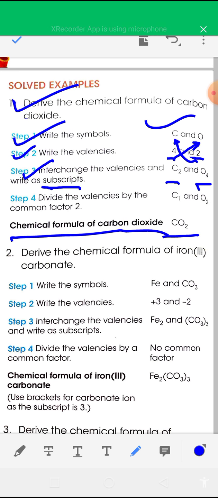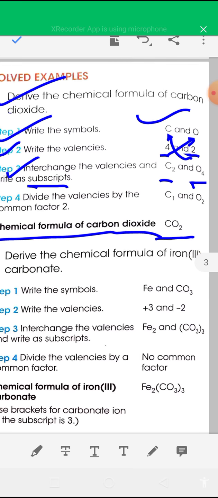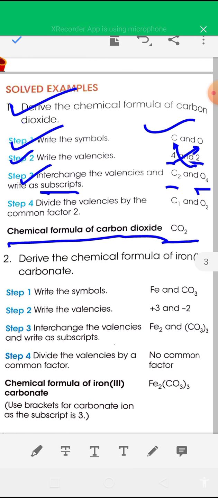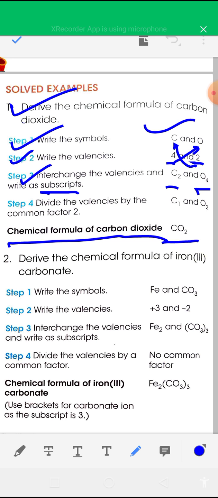Simple method. After exchanging their valency, you have to find out whether there is any common factor or not. In this case, C2 and O4, the common factor of 2 and 4 is 2. So you have to divide both numbers by the common factor.